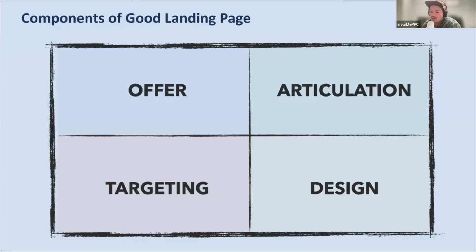When I say design, I'm not talking aesthetics. I'm talking about the elements that are on the page, and all those elements are meant to do is articulate information, providing it via different mediums. So it's the elements on the page and the sequence in which those elements are shown. That's what I mean by design.